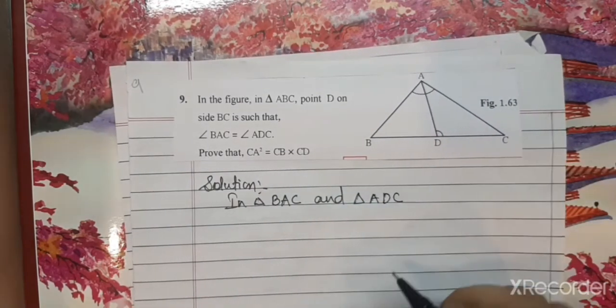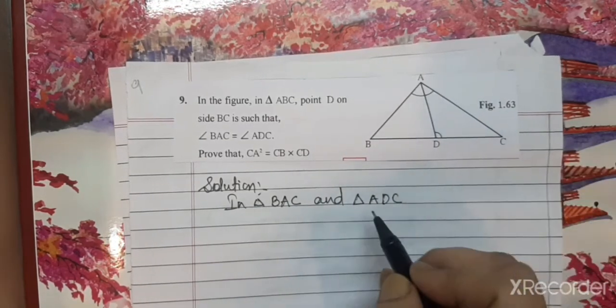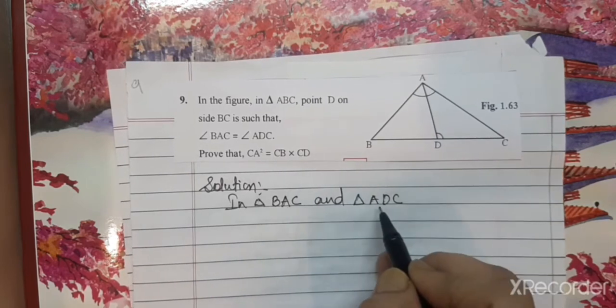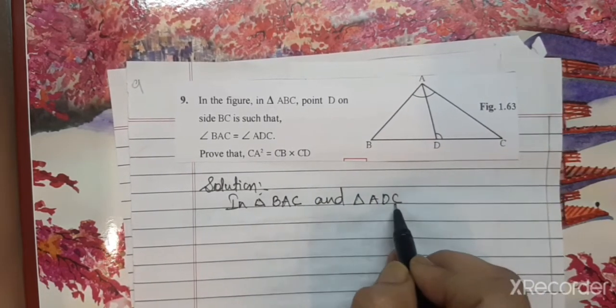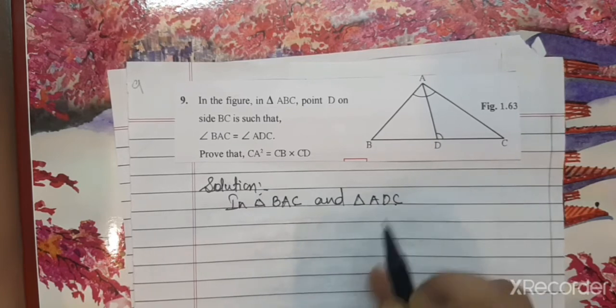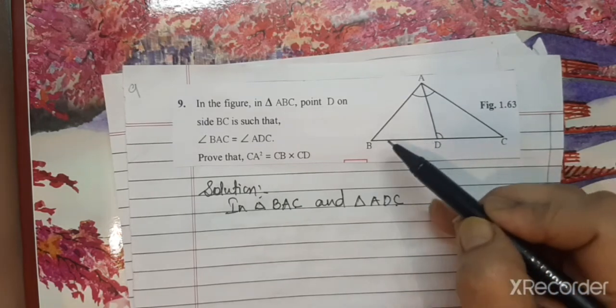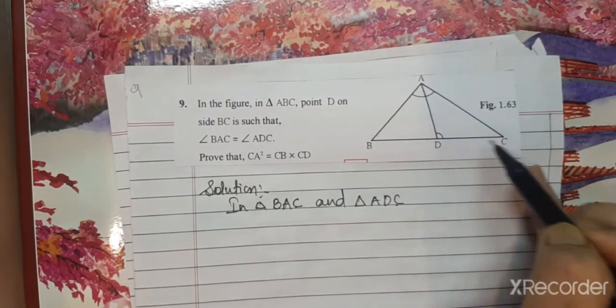I'll show you why. Angle A, that is BAC, is congruent to angle D, ADC. So here I have written A in the center, so here also it has to come in the center. C is at the end, which is common, so here also C has to come at the end. So the names of the triangles are written first according to one-to-one correspondence, that is BAC and ADC.